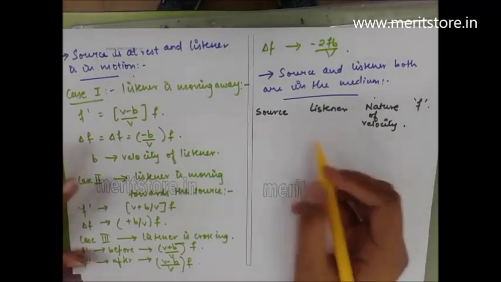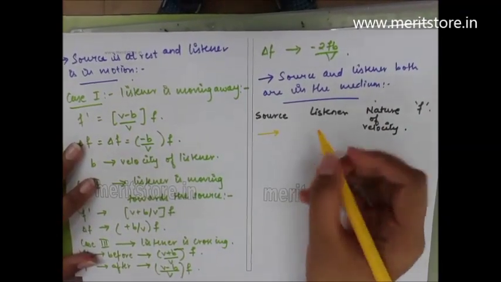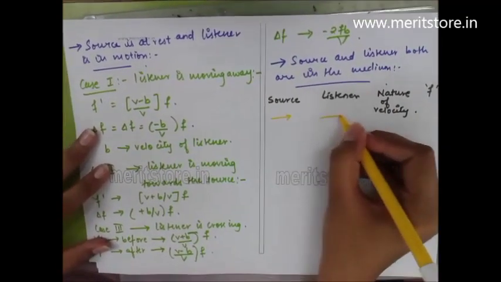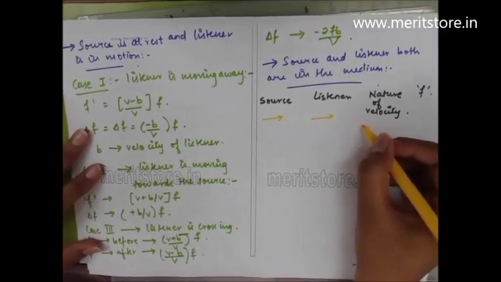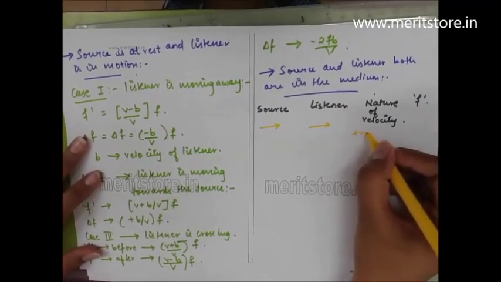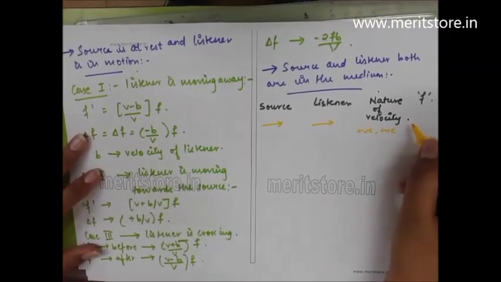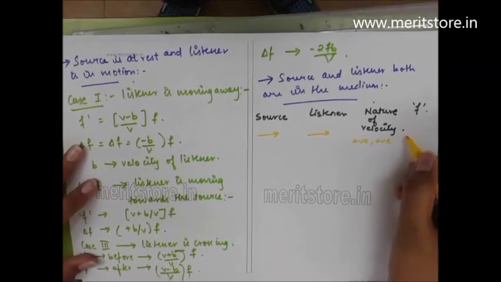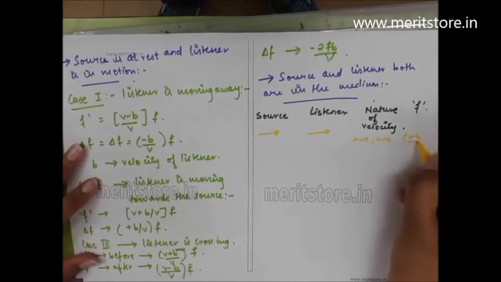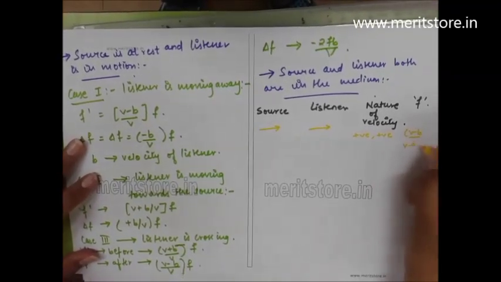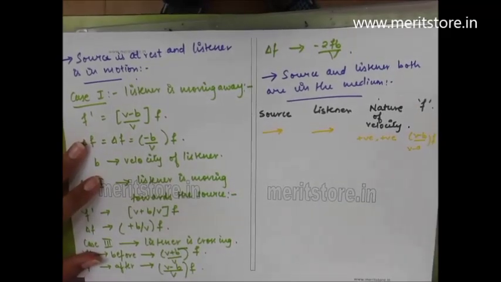Now, when the source is moving in this direction and the listener is also moving in the same direction, the nature of velocity is that both are positive, and the expression for apparent frequency can be given as v minus b divided by v minus a multiplied by f.